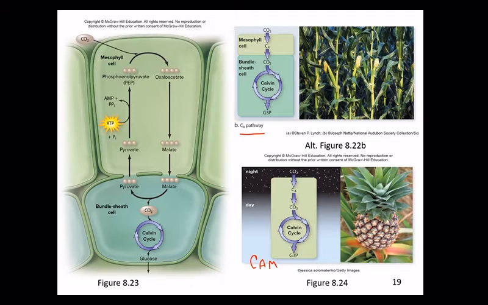The C4 pathway uses a spatial, or space, separation. It separates processes in the leaves into 2 different locations. CAM plants, on the other hand, use temporal separation. In other words, they separate based on time.